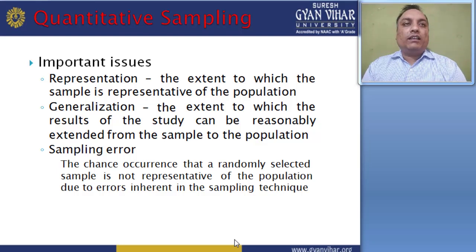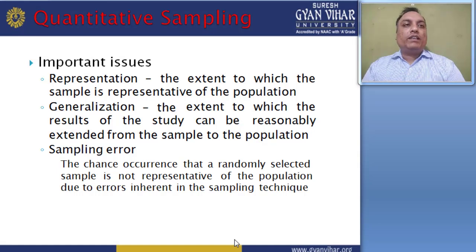In many mechanical industries, quality engineers use this type of technique, quantitative sampling. Some issues related to quantitative sampling are representation, generalization, and sampling error. Representation is the extent to which the sample is representative of the population, meaning the number of collected pieces or products.